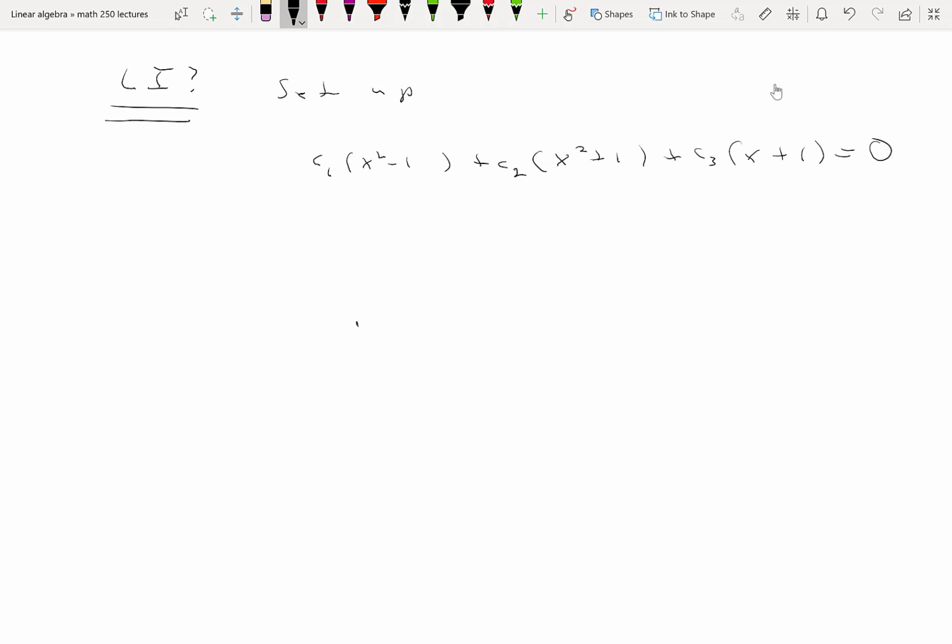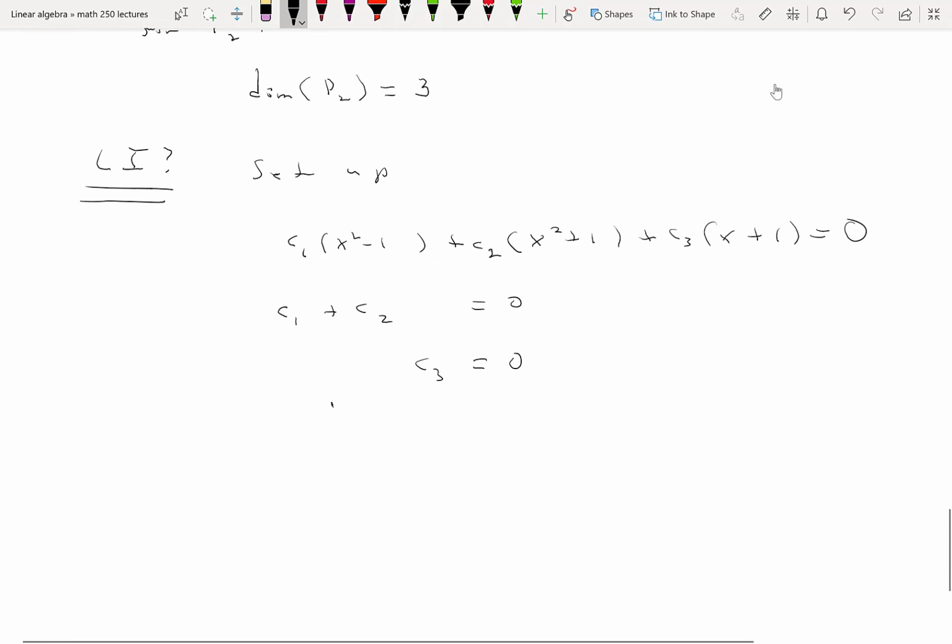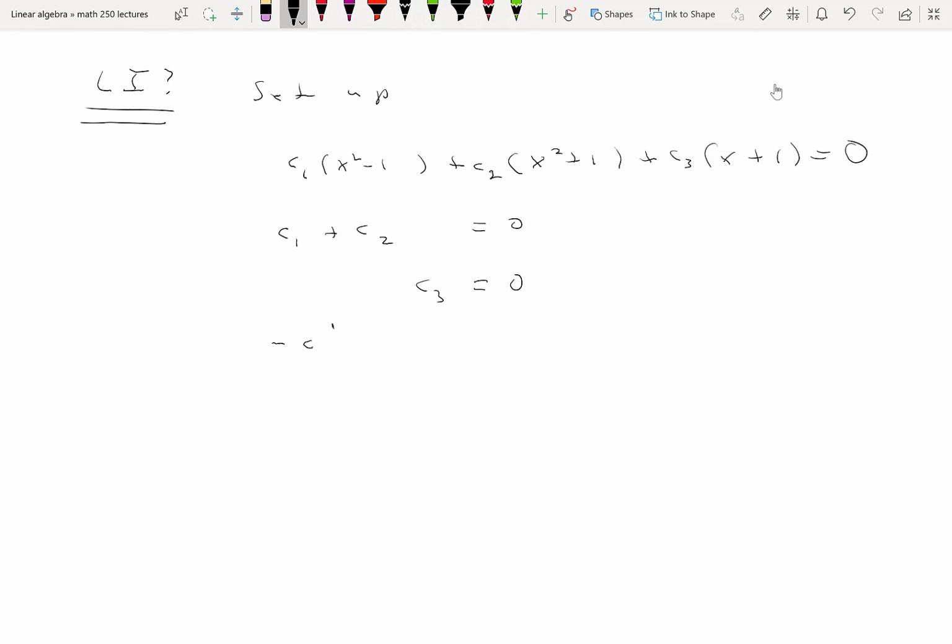Gathering the coefficients of x squared, we have C1 plus C2 must equal 0, and gathering up the coefficients of x, there's only one: C3 should equal 0. And gathering the coefficients of the constants, we should have minus C1 plus C2 plus C3 equals 0.